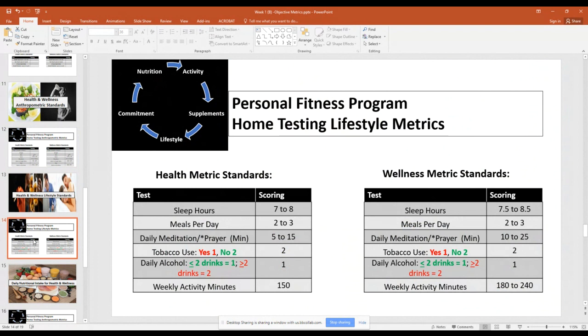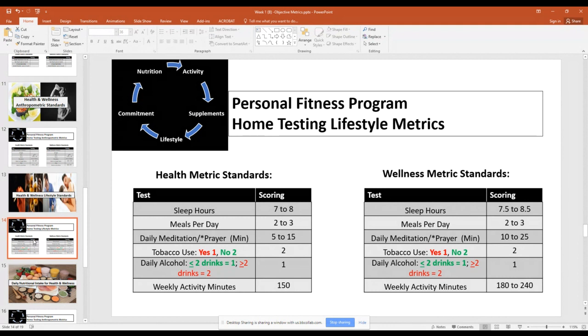Tobacco use, alcohol intake. And with alcohol intake, we can't look at the aggregate weekly number. It's the daily number. So you can't say, well, I only drank 12 beers a week, but it's 6 on Friday night, 6 on Saturday night, so it's only 12. Well, no, that's more.